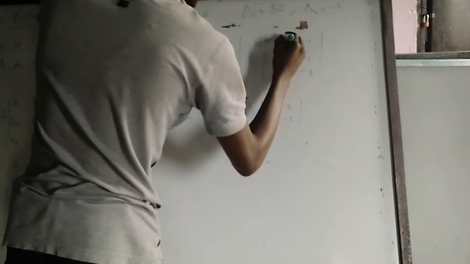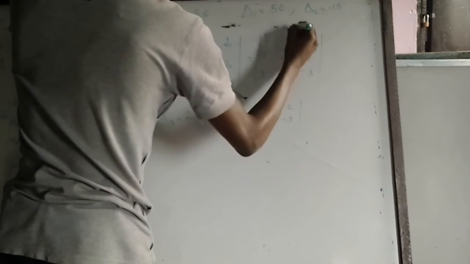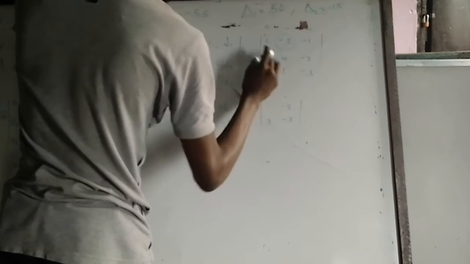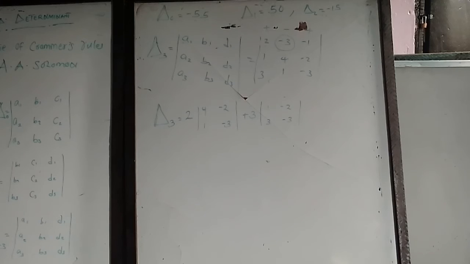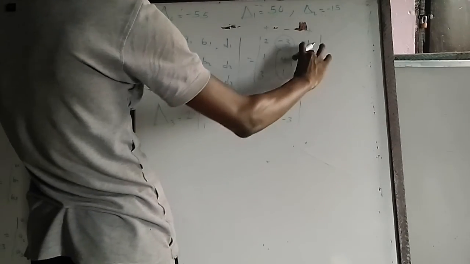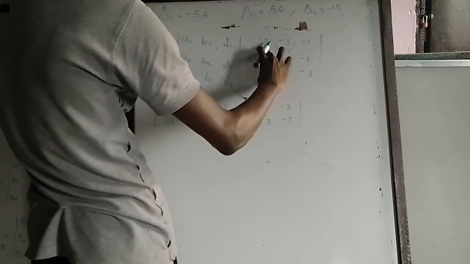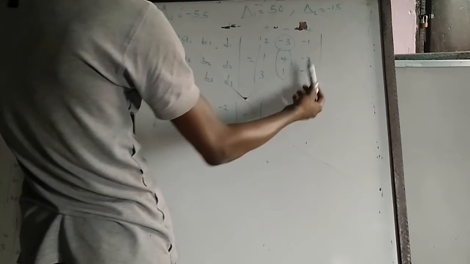How am I getting it? You circle this. So minus, plus, plus. Do you understand? So this one will go. You need this element, so you have 1, 3, minus 2, minus 3.